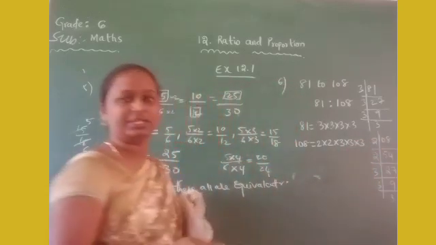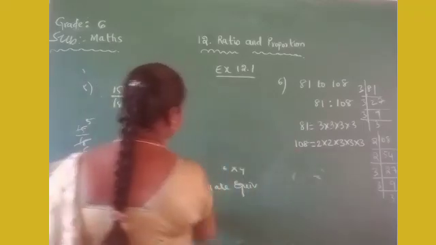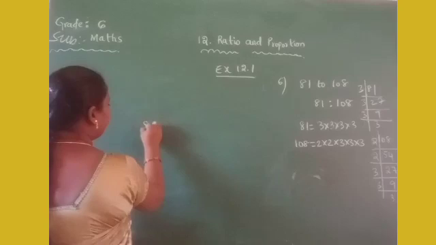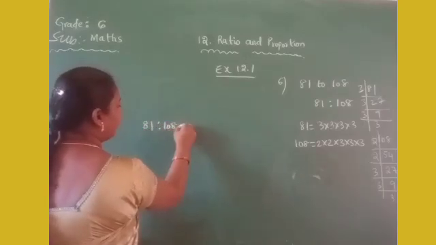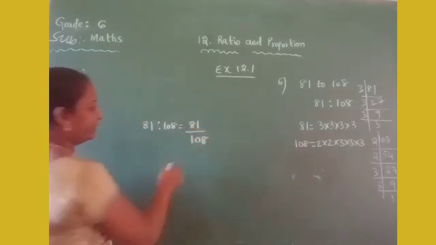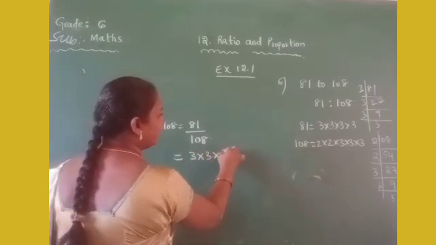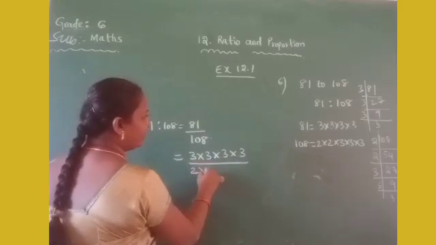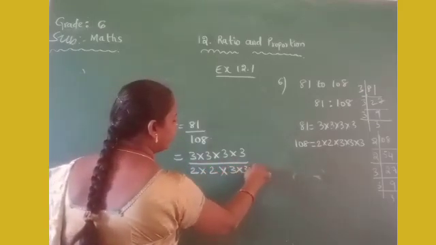Now we have to show that in the form of a ratio. So 81 is to 108, you can write this as 81 by 108. You know the factors of 81 are 3 into 3 into 3 into 3 by 108, which is 2 into 2 into 3 into 3 into 3.